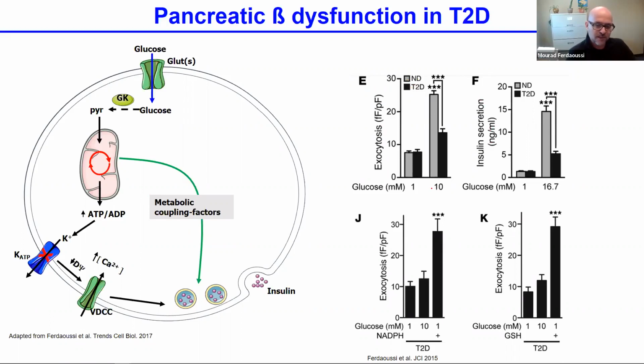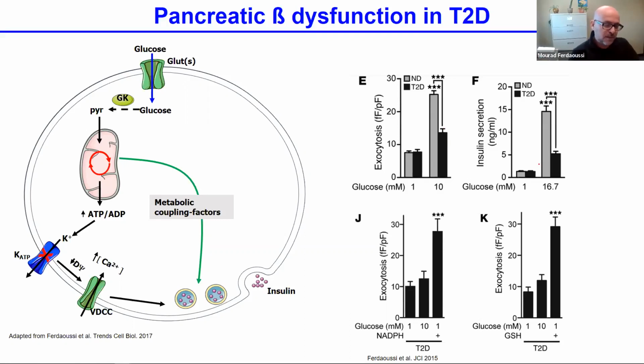We observed that a high glucose concentration induces and amplifies the exocytosis and insulin secretion, and it's obvious that this amplification is dysfunctional in pancreatic beta cells isolated from patients with type 2 diabetes.